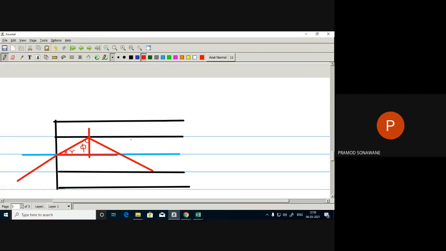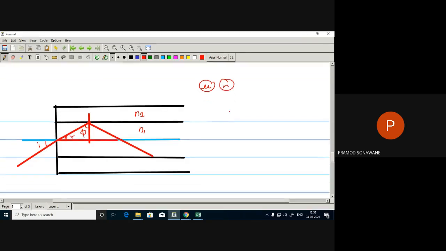And here that angle of incidence is i, we are using this. Got it? The refractive index of this is say n1 and n2. Remember, you can use mu or n for the refractive index. Okay. So initially, tell me what is the Snell's law?